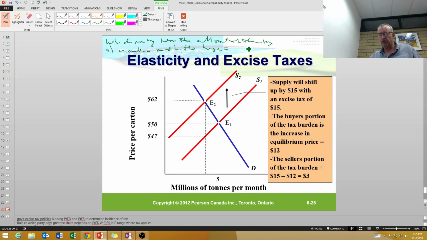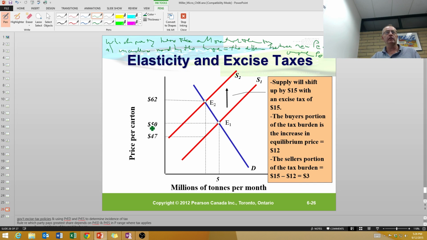The difference between the new equilibrium price and the original equilibrium price.